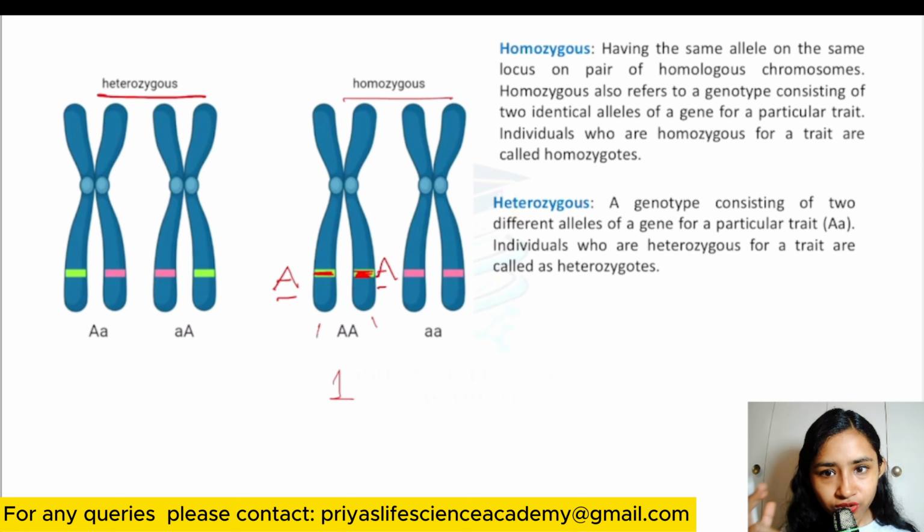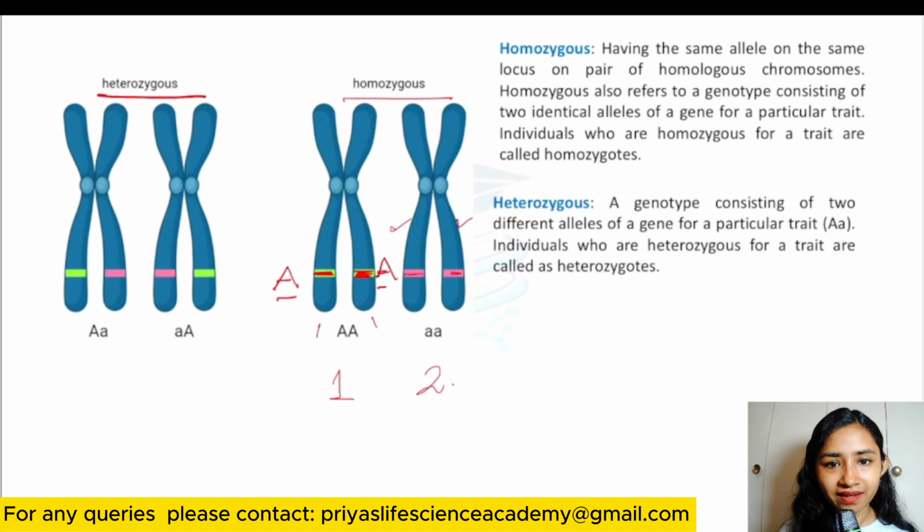Individuals who are homozygous for a trait are called homozygotes. So here you can see the similar alleles are present on each chromosome. That is why they are known as homozygous. And in this case also, suppose this is chromosome number 2, and in chromosome number 2, both of the chromosome pair have the small a allele.